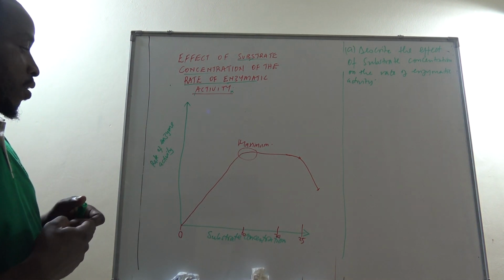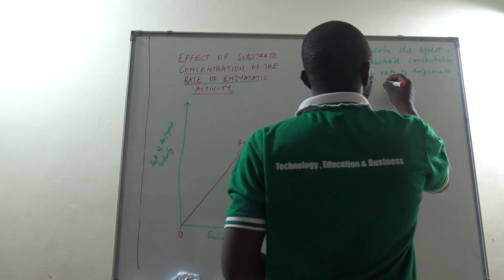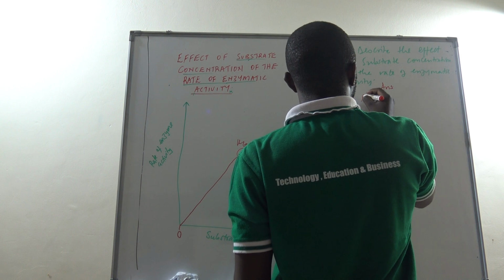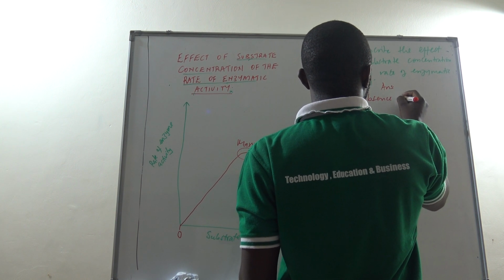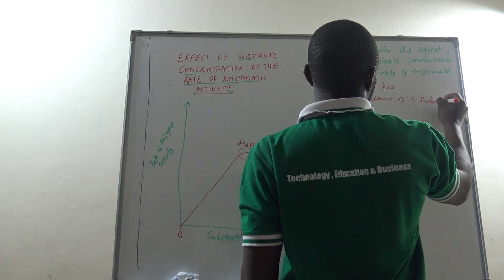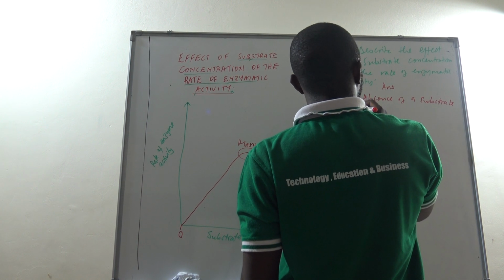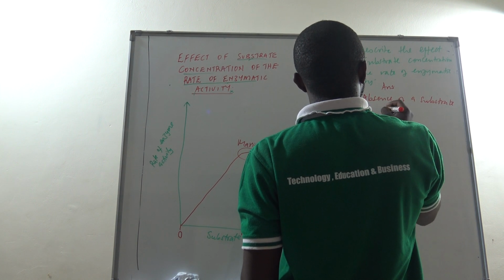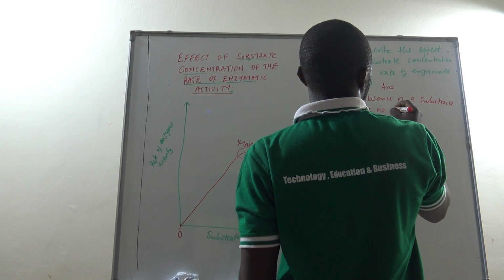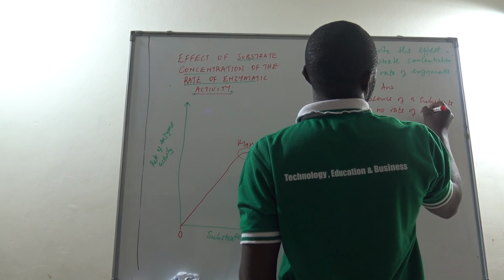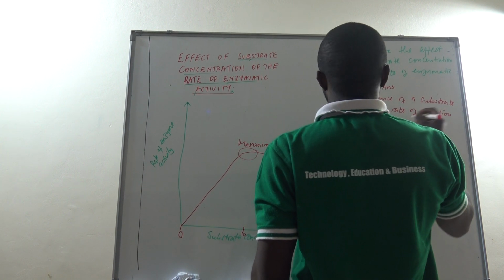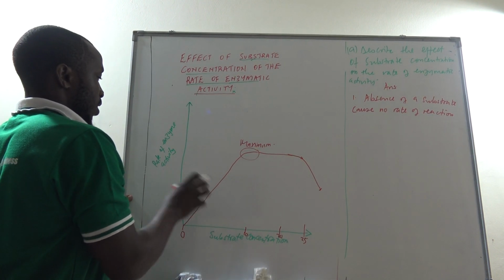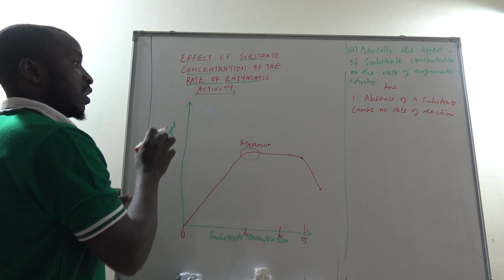So how would we write our answer here? Our answer would be, the first one: absence of a substrate causes no rate of reaction. Or further, somebody can say at 0 substrate concentration, the rate of enzyme activity is 0.